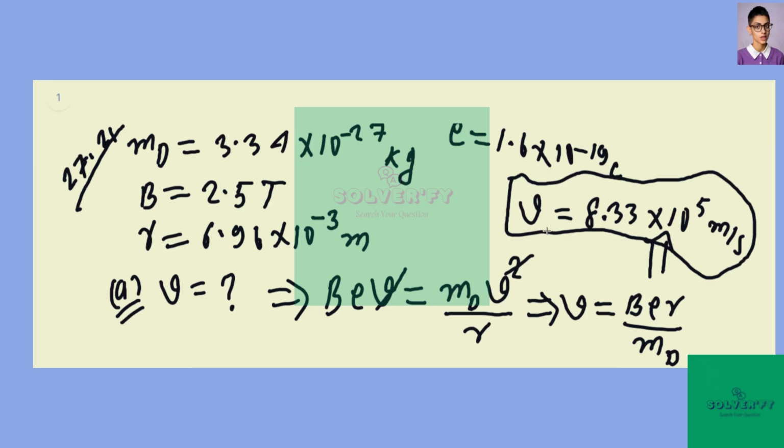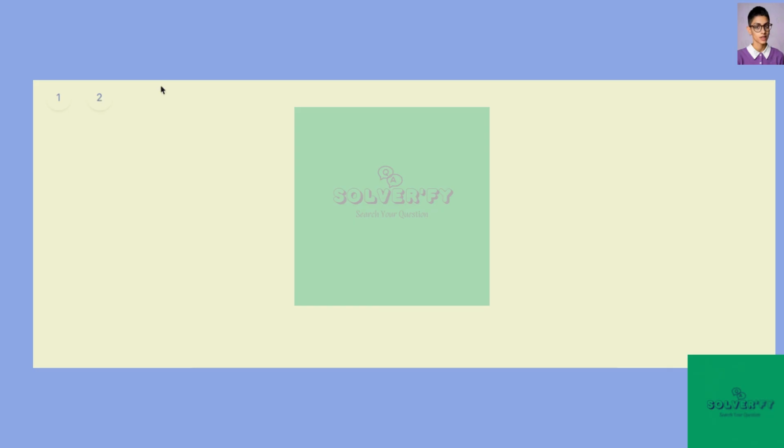Now in part B, we want to find the time taken for the deuteron to complete half the circumference. So let's go to the next page here. For part B, we want to find the time taken to complete half the rotation, half the circle. The time period is the ratio between the circumference of the circle and the speed of the particle. In this case, the time taken is half the time period.